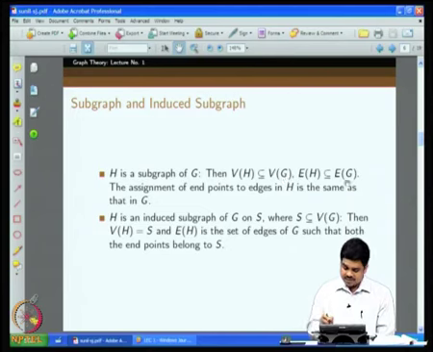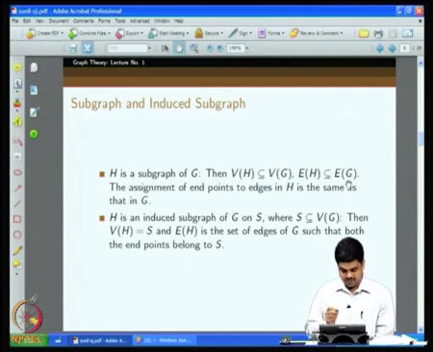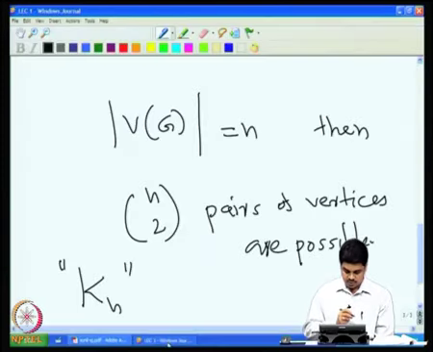The next statement is just to say that for the edge set, we are not just using the same name, but the assignment of vertices to each edge is the same in G and H. For instance, rather than explaining like this, it is better to draw a graph and show.